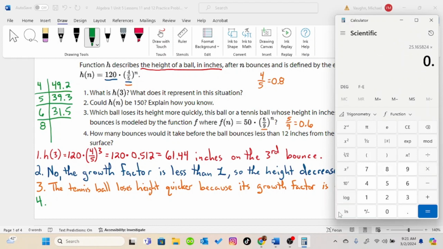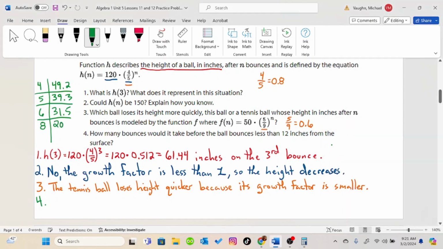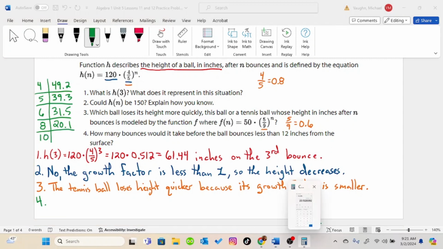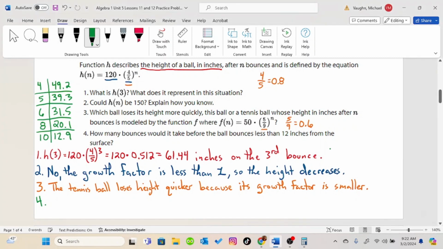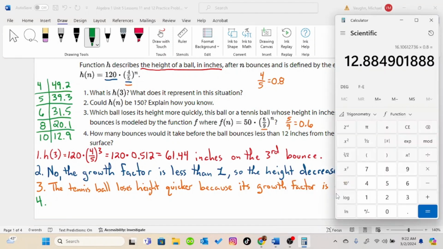Now we're down to 20.1. So now let's skip a couple more and let's try 10, times 0.8. We're at 12.9. So it looks like one more might do the trick. So let's say times 0.8. And now we're at 10.3.